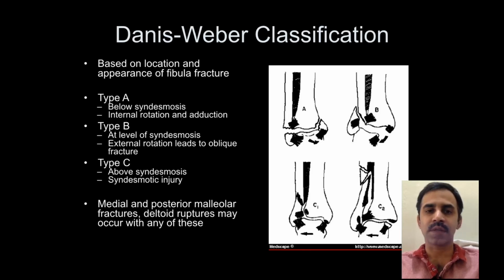Type B means at the level of the syndesmosis, external rotation leads to oblique fractures. Type C is above the syndesmosis, and there will be a syndesmotic injury in type C of the Danis-Weber classification. Medial and posterior malleolar fractures and deltoid ruptures may occur with any of these fracture patterns.